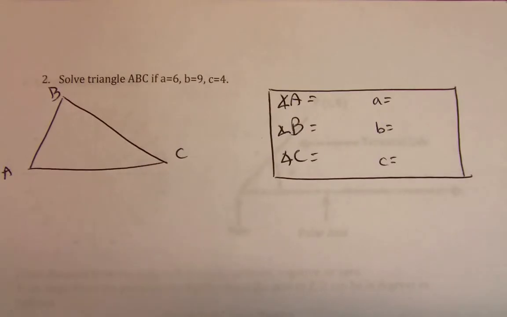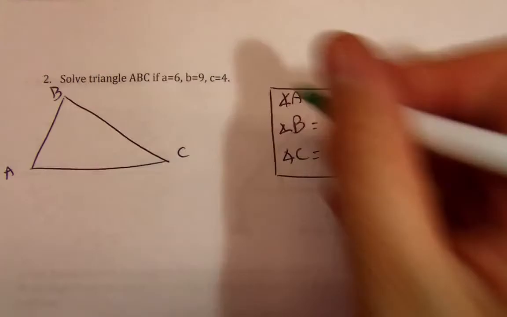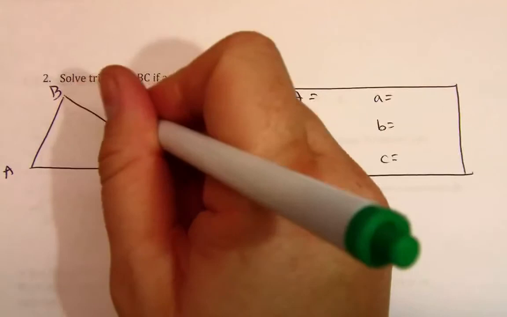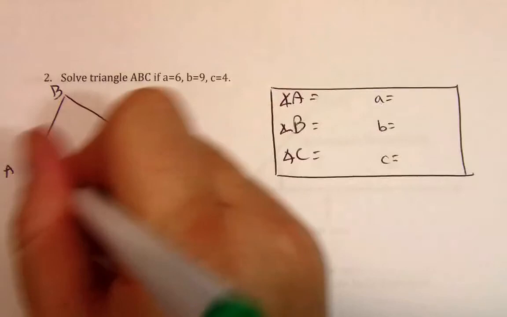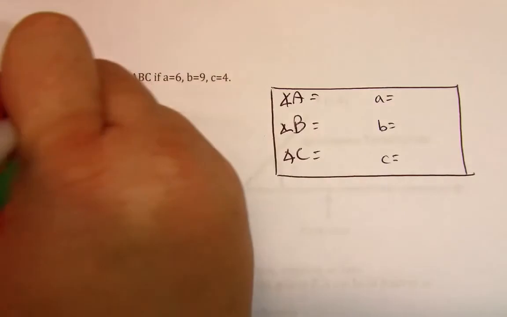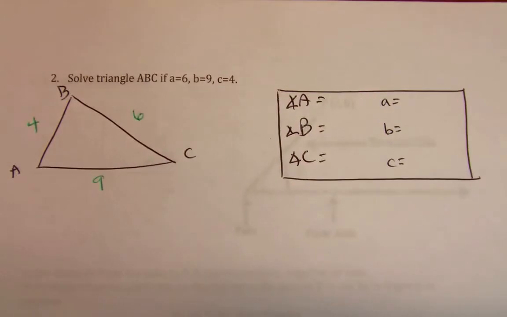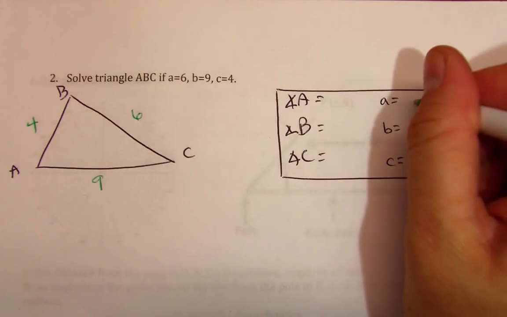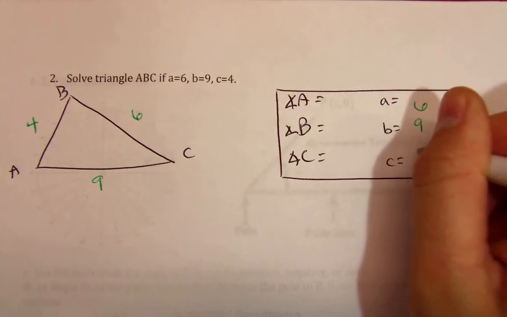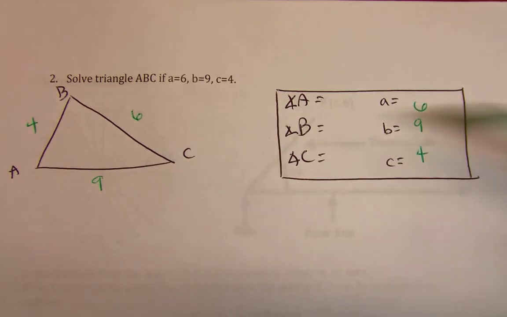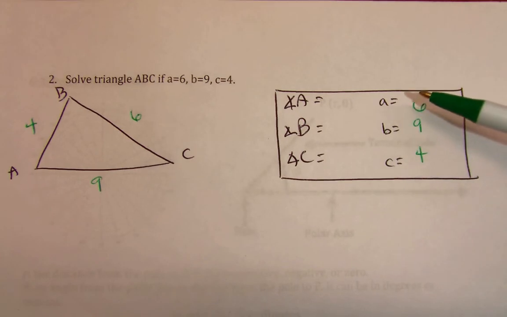Now we're given 3 sides, so we're going to use the side, side, side method. We know that side A is 6, side B is 9, and side C is 4. And so we can fill in that information. And now we're solving for all of these angles. Again, in side, side, side, you want to solve for the biggest angle first.